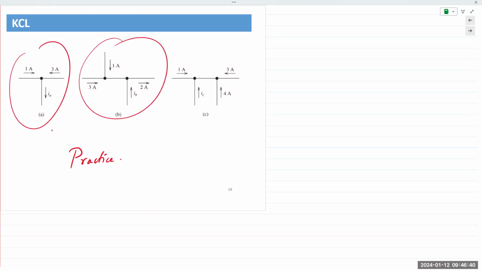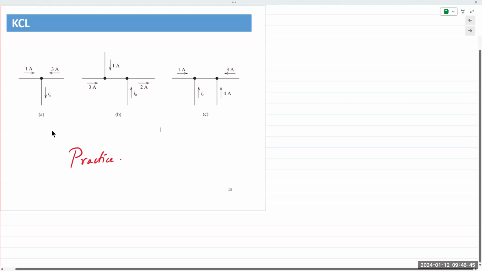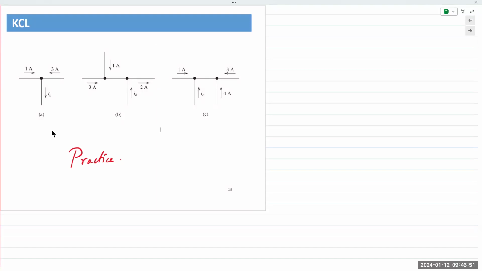Simple enough. You have one junction, 4 currents, 3 in the first one, 4 in B and C. Just do it at your own time. If you have any questions or doubts, you let me know. But again, as far as KCL goes, it's easy enough. Okay.